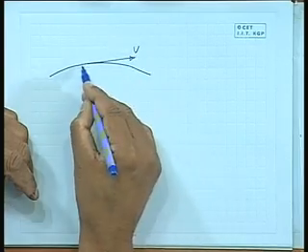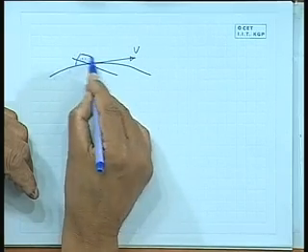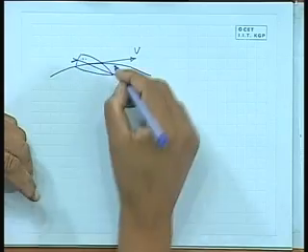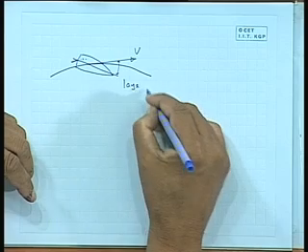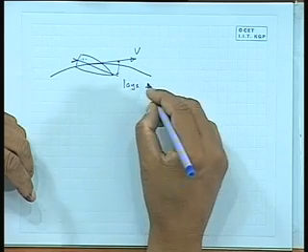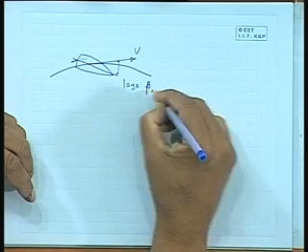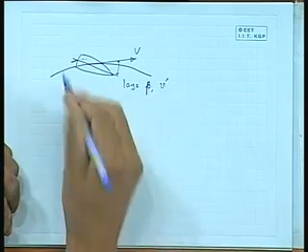V here, the ship is going to turn very fast. Large theta and V dash, okay.